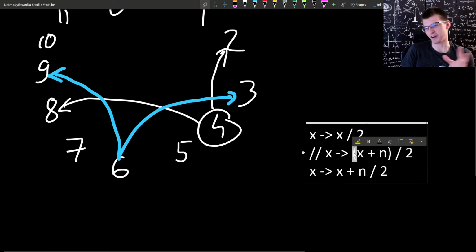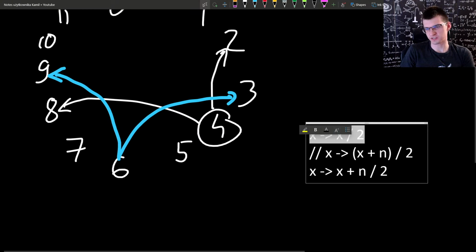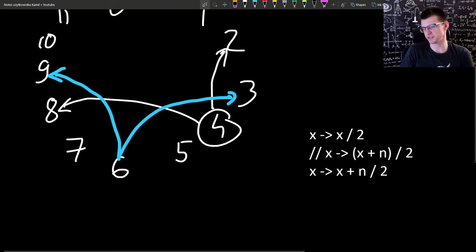This is commented out. We don't consider that, just the first line and the third one. Why is it good? Seems really similar to the level ancestor problem. I don't know what that is.